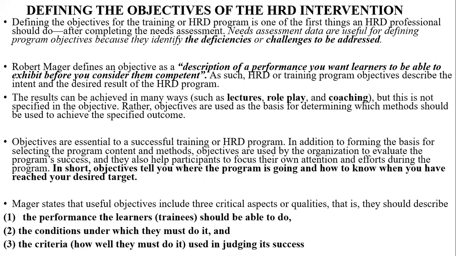Now, Mager also continues that useful objectives usually have three critical aspects or qualities. And what are these critical qualities?